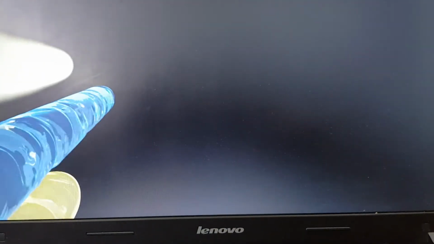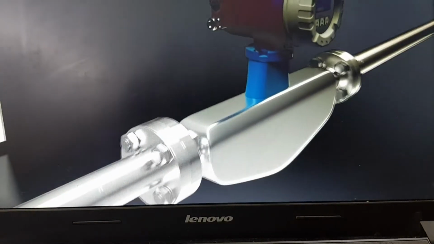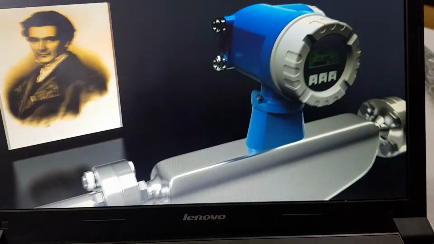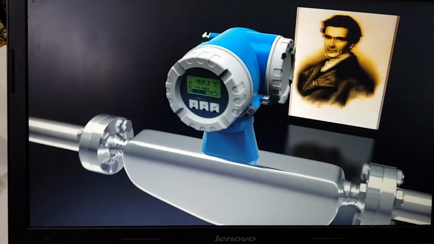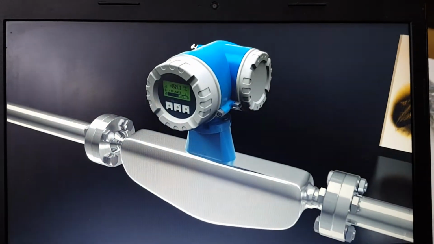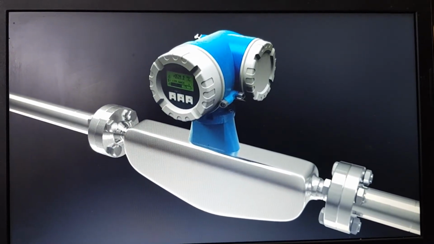One such method is flow measurement based on the Coriolis principle. The French physicist Gaspard Gustave de Coriolis set out the physical basis for this measuring principle over 200 years ago. What is interesting is that the Coriolis principle allows the flow of mass to be directly measured.